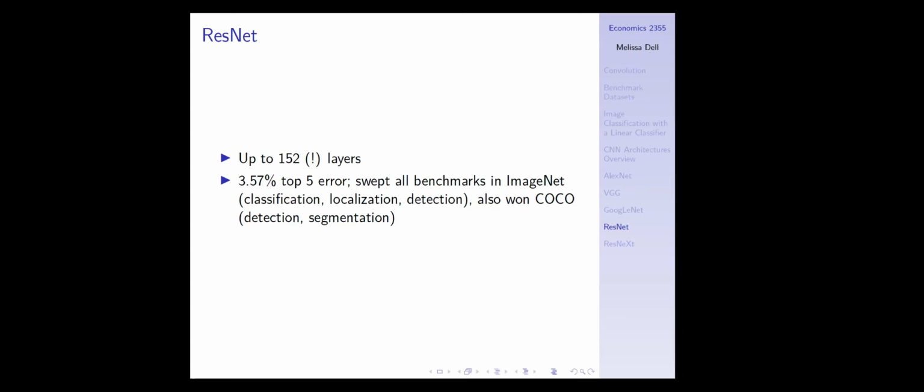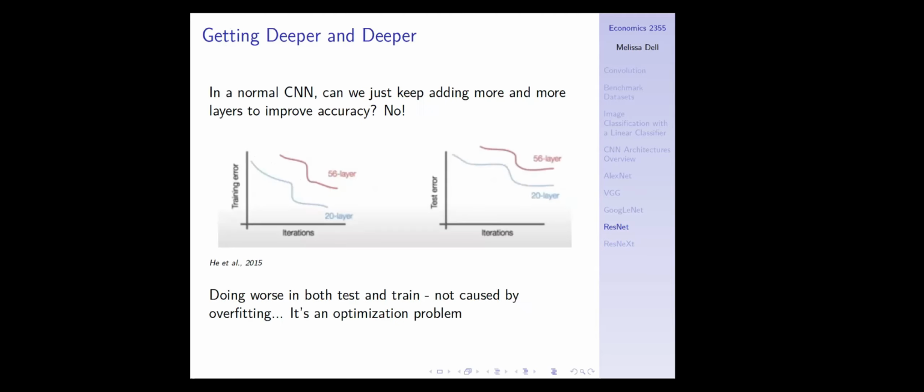So it gets down to 3.57%, which is better than humans. It won all the ImageNet contests. It won the COCO contests, which are detection and segmentation. So it essentially beat everything else by a wide margin. And so what was its insight? Why didn't people get so deep before?